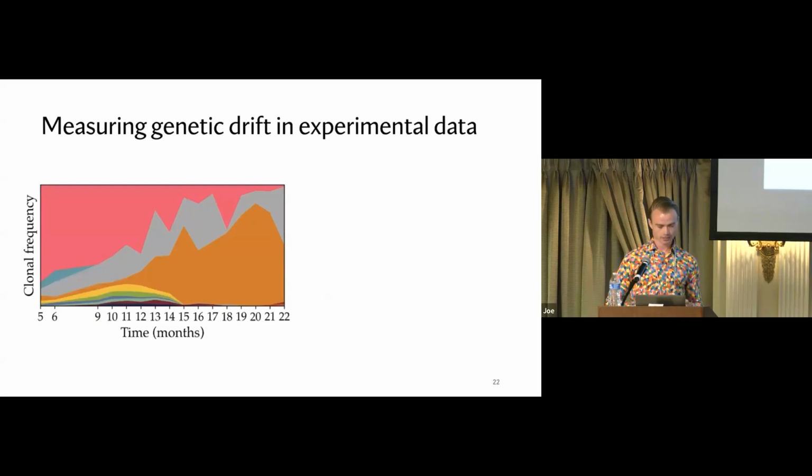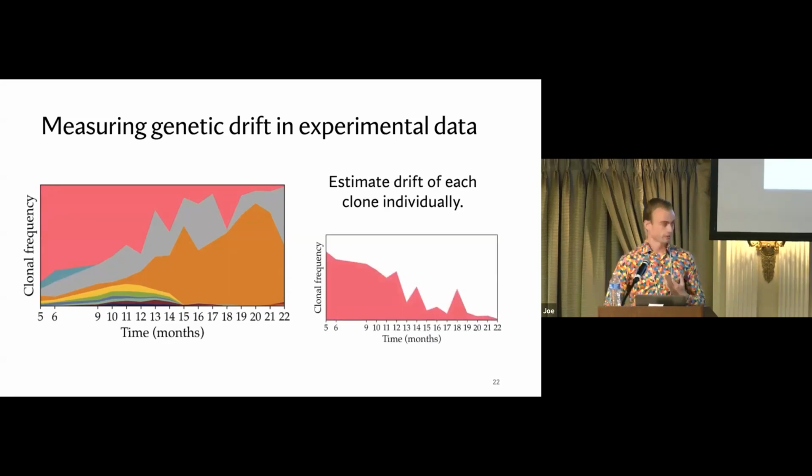Okay, so what happens if I try to apply this approach to my experimental data? What I'm going to do is separate each clone out individually and try to estimate a drift rate. For example, with my pink clone, I'm going to think about the pink clone compared to everyone else and estimate a drift rate of just the pink clone, and do the same for every other clone. There are 2 reasons that I'm doing this.